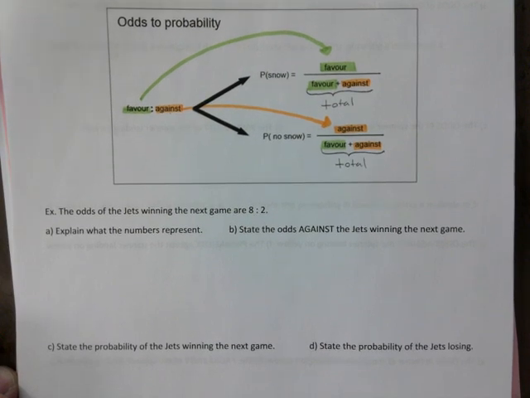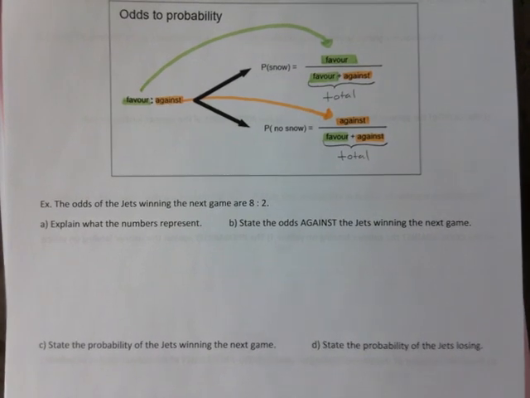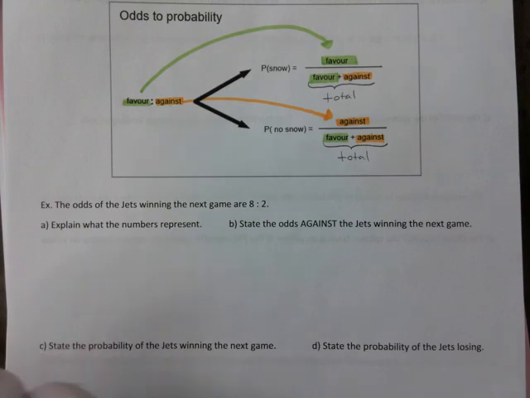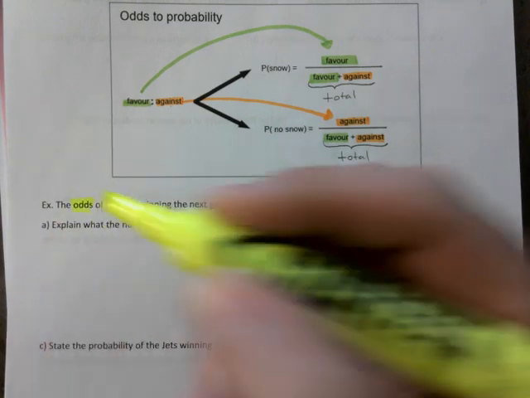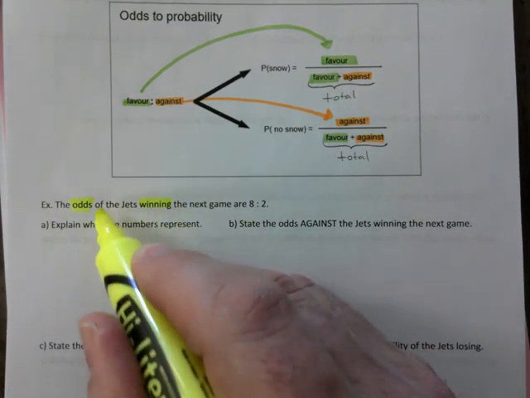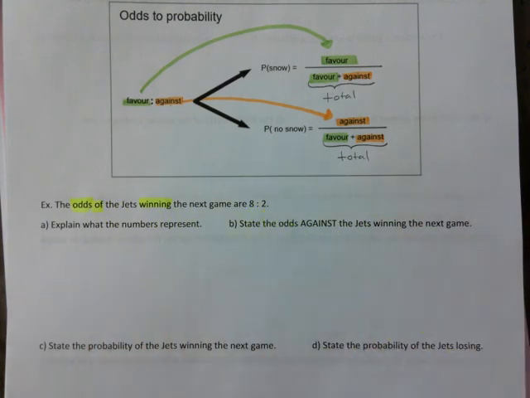Okay. There we go. Watch this. The odds of the Jets winning. Here I'm using my regular highlighter. You should right away notice, okay, not probability, but odds. The odds of the Jets winning. Odds of what? Winning the next game are depicted there.